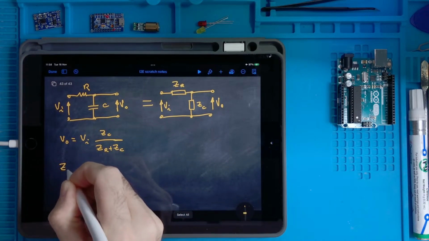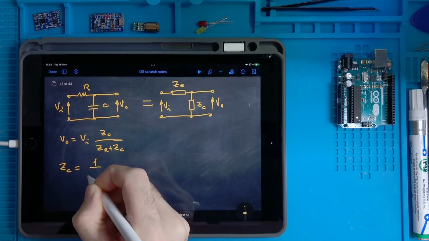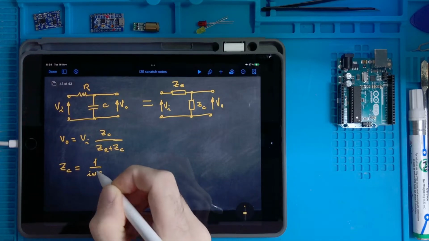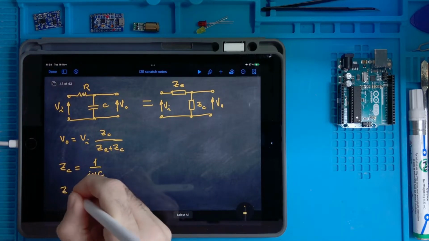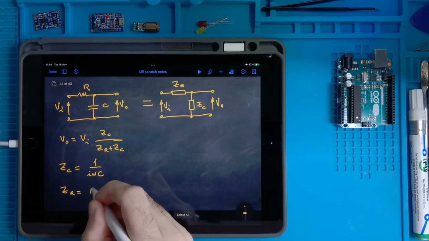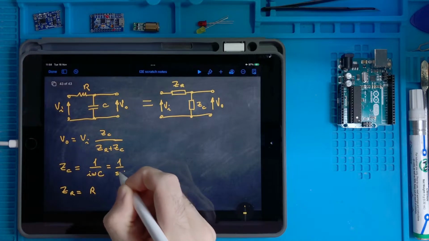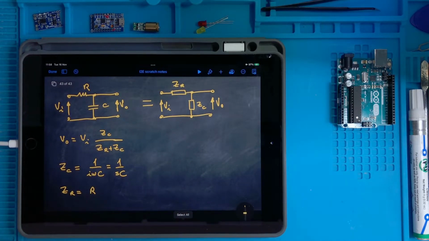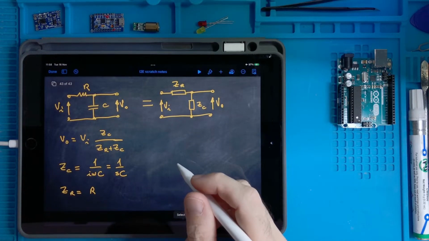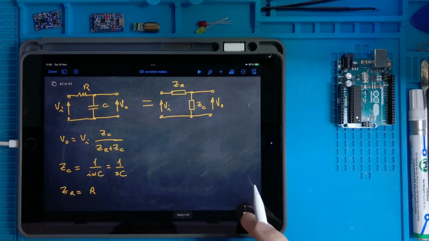Now it's simple because I just have to remember the definition of impedances. The one of the capacitor was 1 over I omega C, and the one of the resistor was R, or we can say 1 over SC if we put S equals I omega. So I can substitute those two things inside this equation.